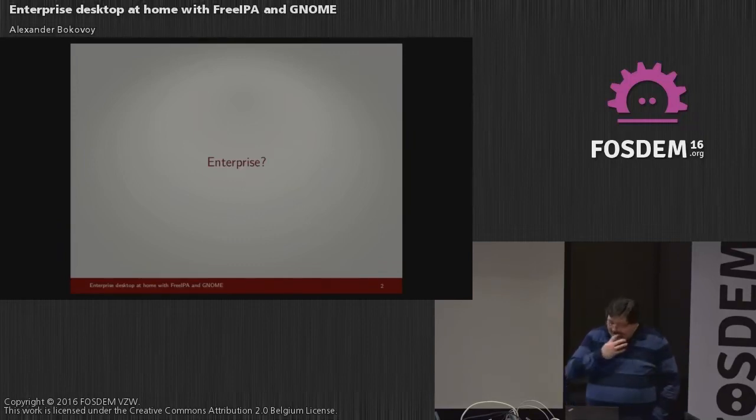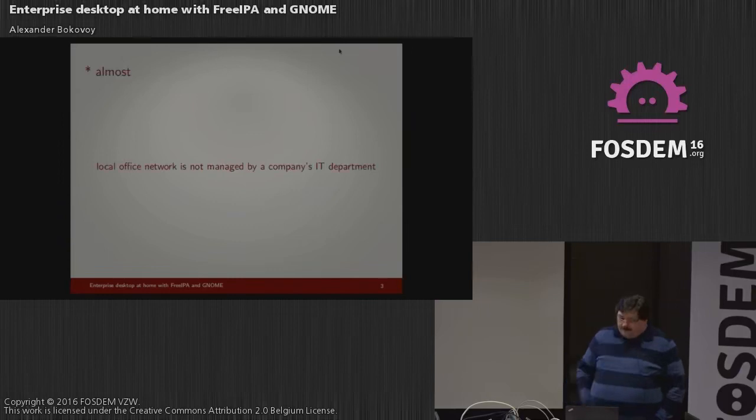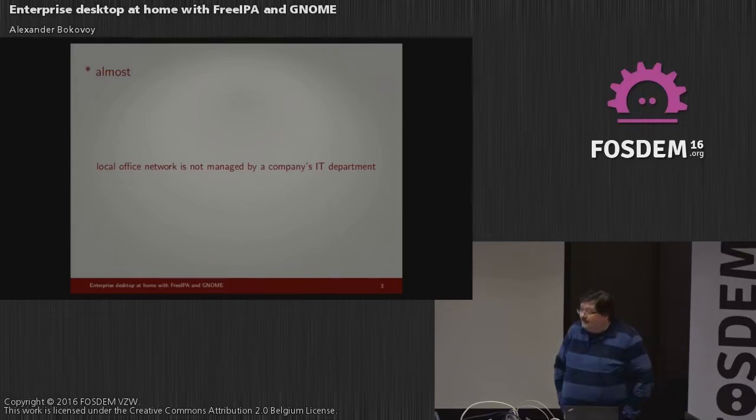And if I work from home, my local office network is not managed by my company yet. I still kind of work for the company, but my office is my room, so I'm outside of the network that is managed by the company.